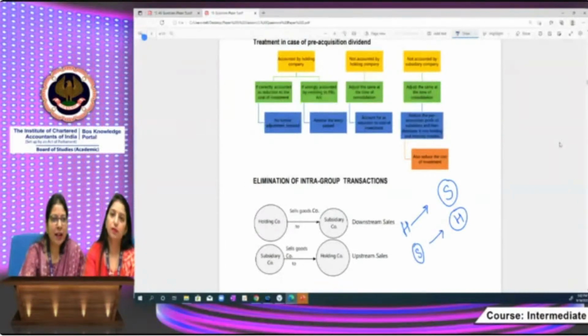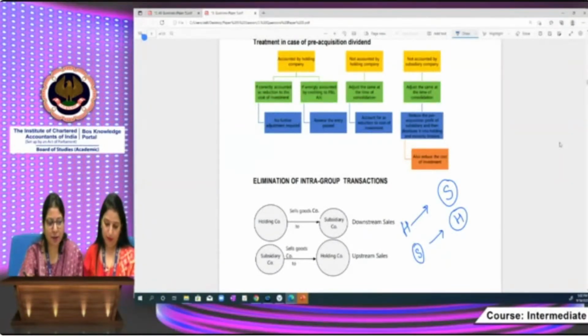If on the balance sheet date, on the reporting date, the goods sold by either holding or subsidiary are still remaining in the balance sheet of the company, they are still in the inventory, then we have to reverse the unrealized profit. There may be certain unrealized profit which is lying in the balance sheet, and then we have to write the entry for the reversal of the unrealized profit.